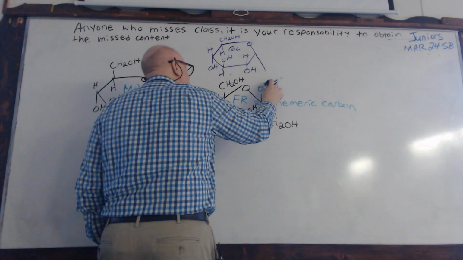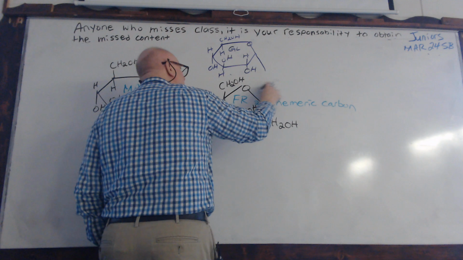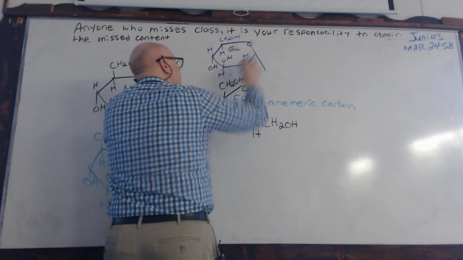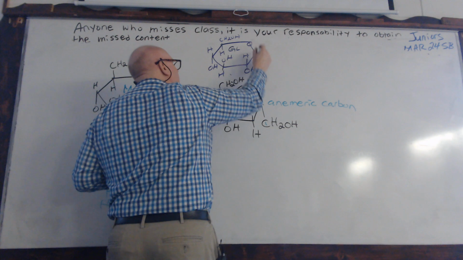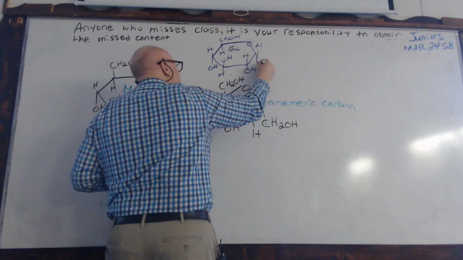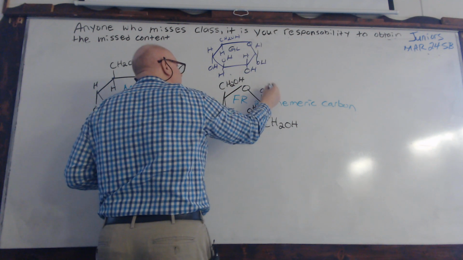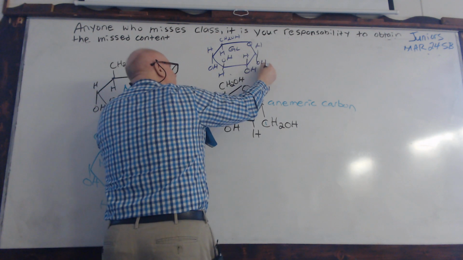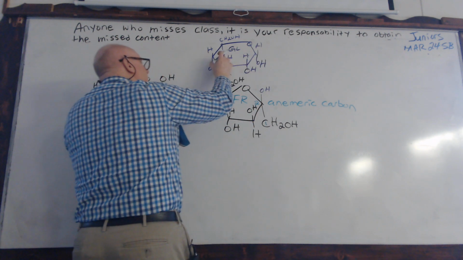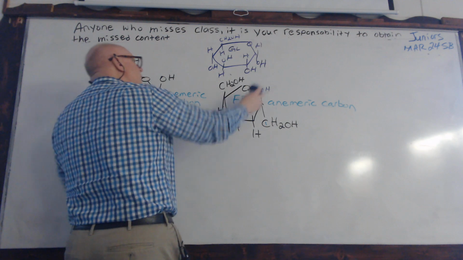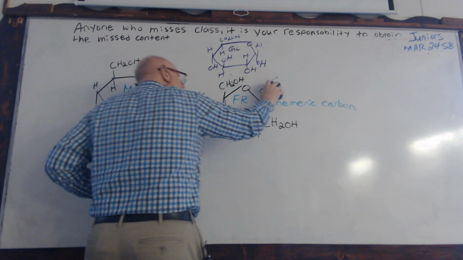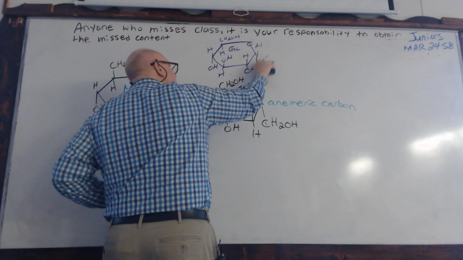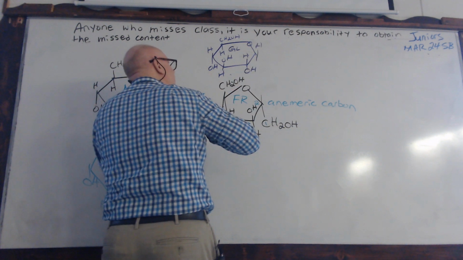We take all of this one off, and then remember this had an OH. Maybe we should start with that, okay? And then this had an OH there. Usually we say the left one gets left behind, but no, all of this gets taken off of there. And then this, so then there's our dehydration.